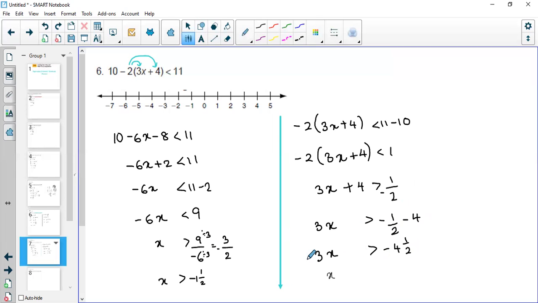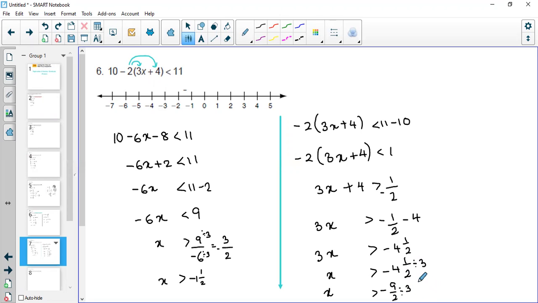You're going to divide the negative 4 and a half by 3, because this is multiplied. So if you would do the same method, you're going to first change it into a mixed number. 2 multiplied by negative 4 is negative 8 plus 1.